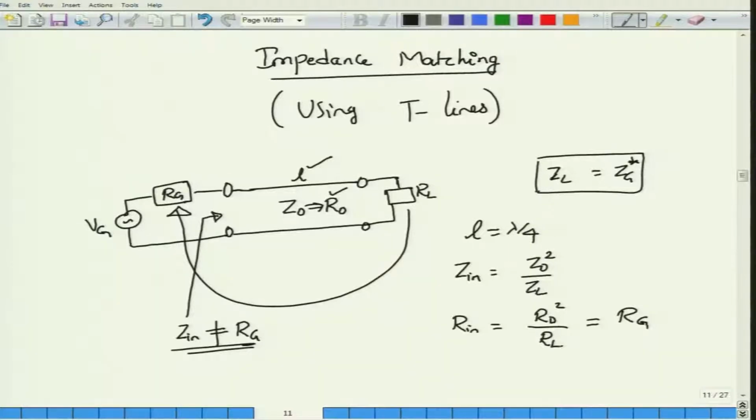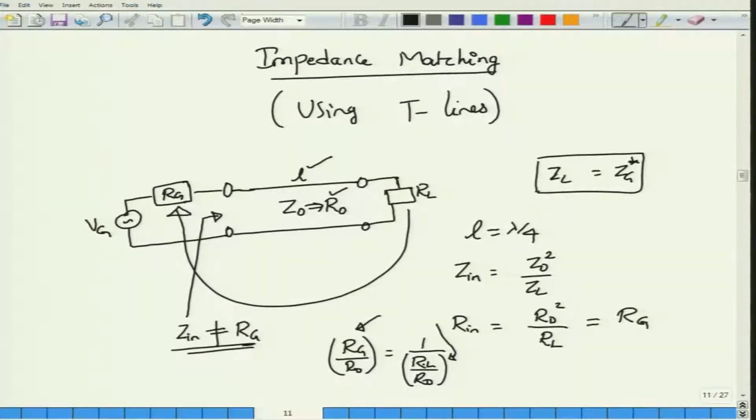Because Rin will be equal to Rg, or if I divide this R0 onto this side, I see that the normalized source impedance Rg by R0 must be equal to 1 by RL by R0, the normalized load resistance.